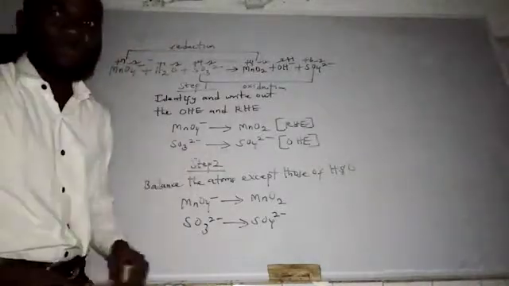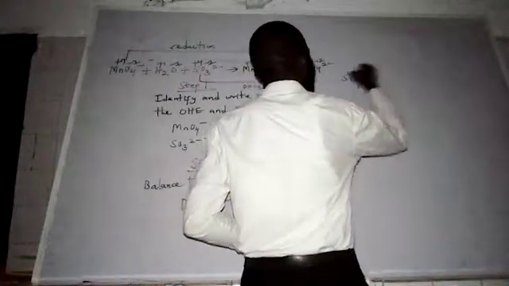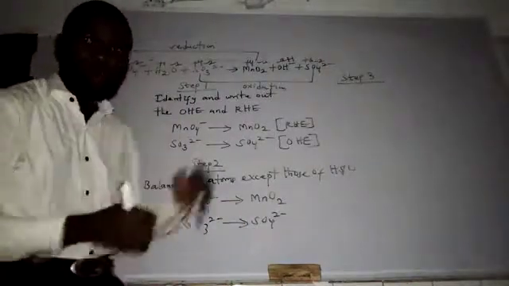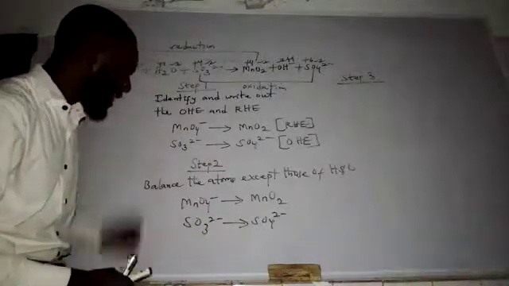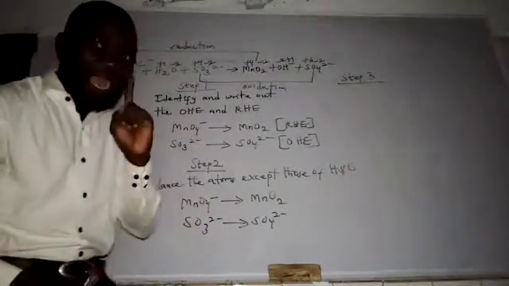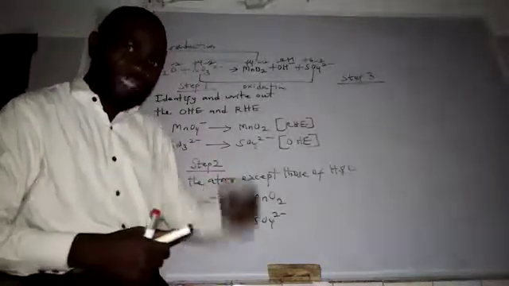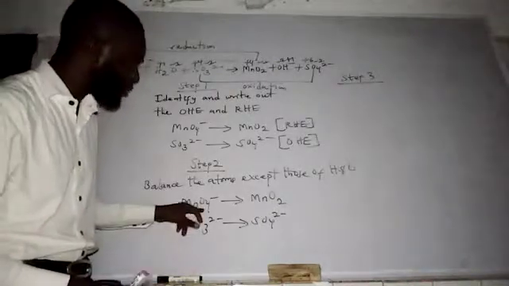Now for step 3. For my step 3, what I'm going to do, according to what I said earlier, you can go back to the video to listen again. I said that for every side that has excess oxygen, we are going to add a water molecule to the same side. So let me first start with this equation.